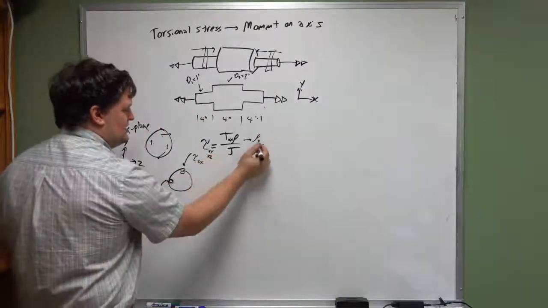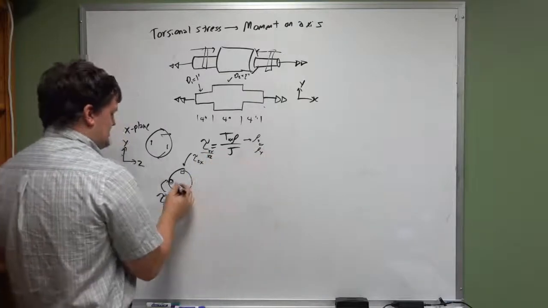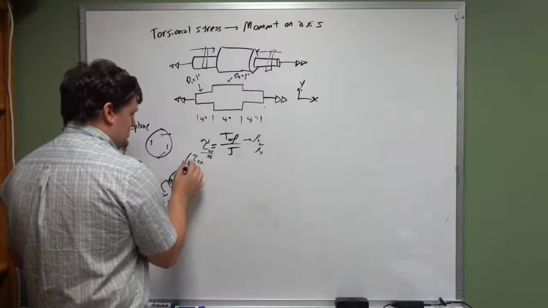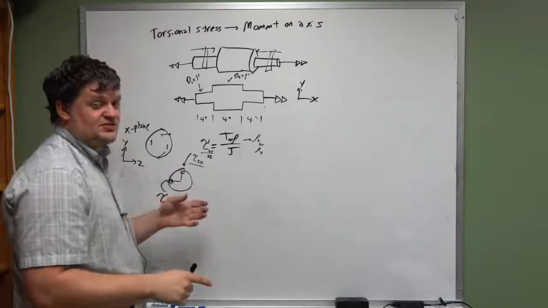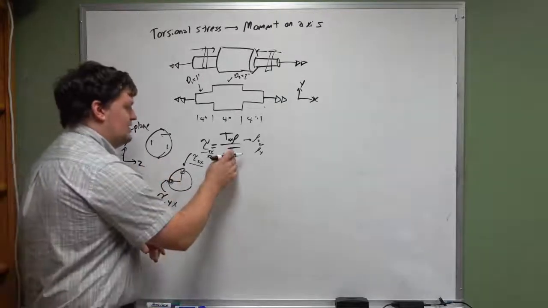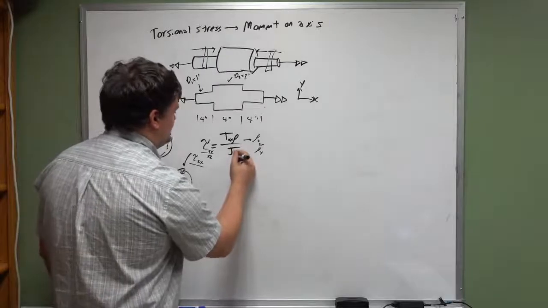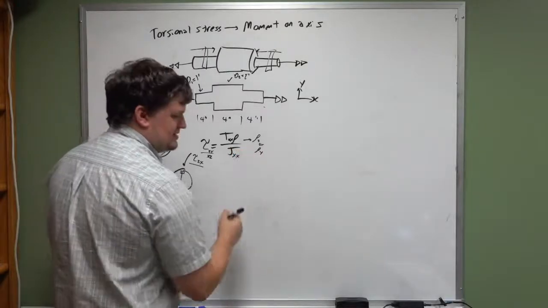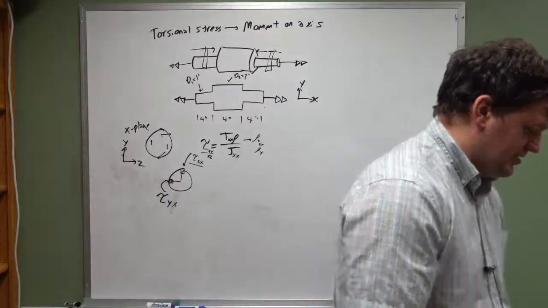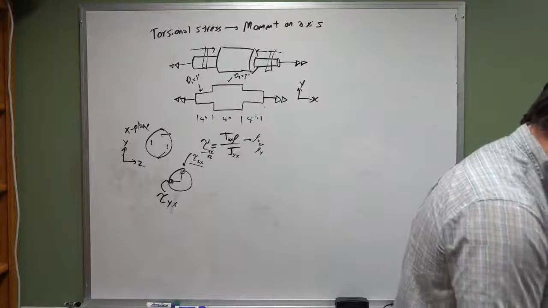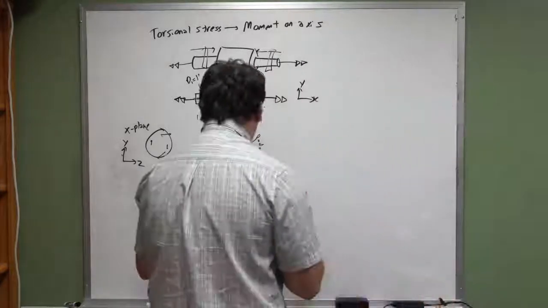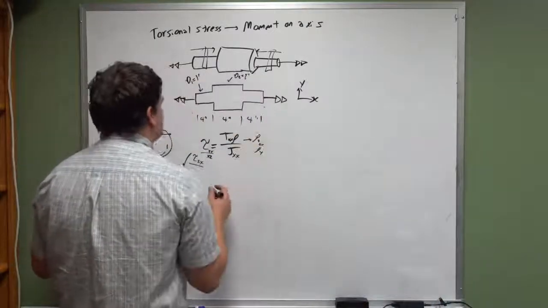If it's rho z, then it's this, because that's the distance in the z direction from the center. If it's rho y, then it's this one, because it's the distance from the center to that location in the y direction. Okay, and here, J is the second polar moment, I believe this is xx. So if I go back and look up my formula, J is equal to pi d to the fourth over 32. So I can just plug all this in.